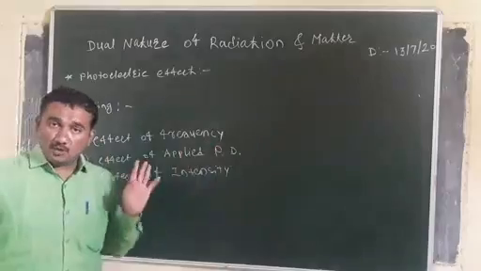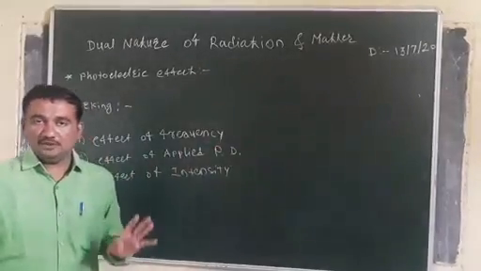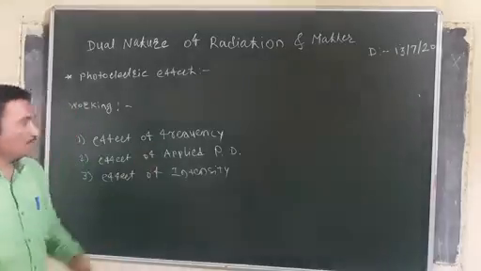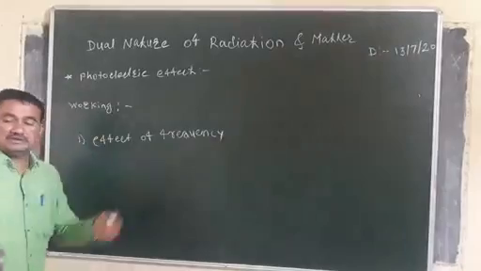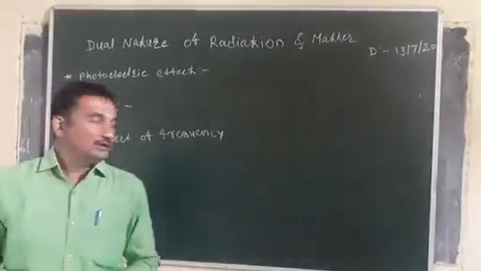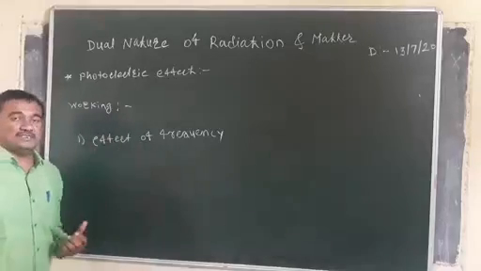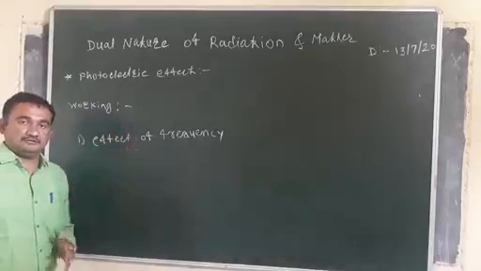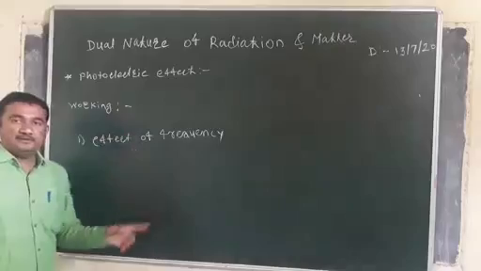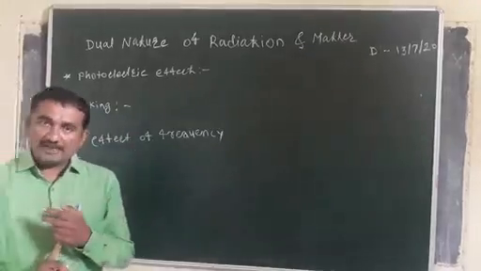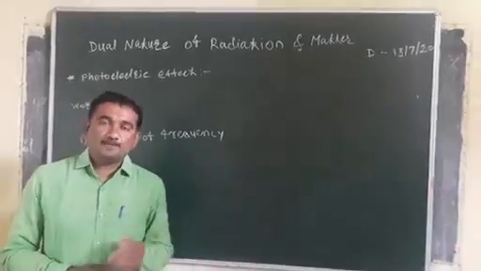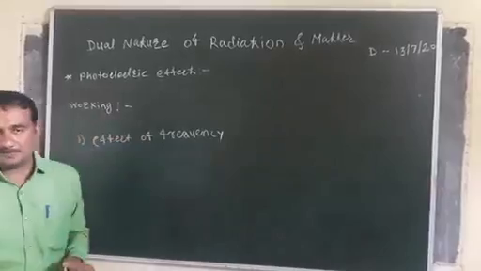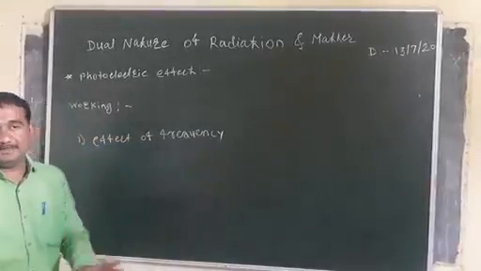We have to keep the other two constant. So, first of all, we will see the effect of frequency. To study the effect of frequency of incident light, we have to keep the intensity of light constant and the applied potential difference between the emitter plate and collector plate is kept constant.